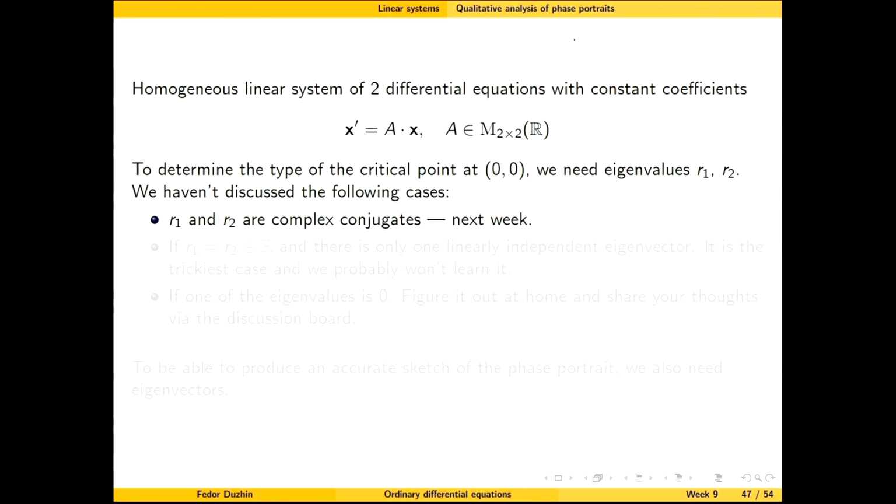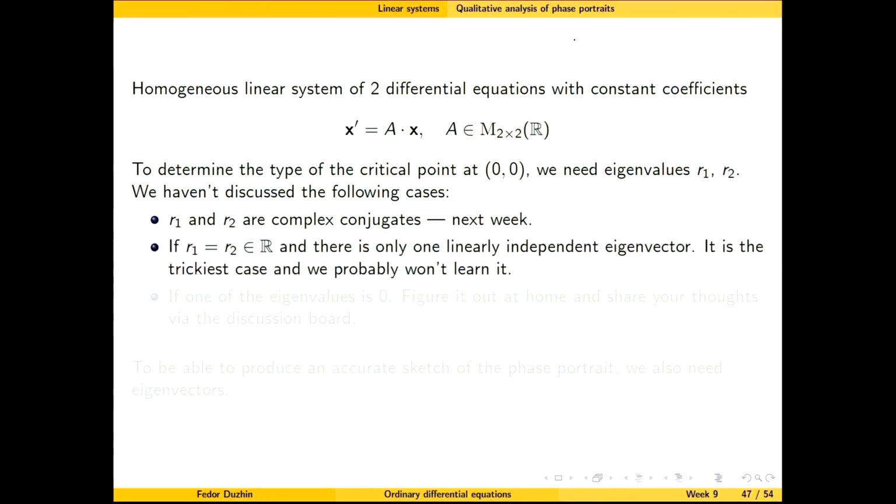If they're real, then we can figure out whether they're positive or negative from the determinant and the trace of the matrix. Then if they are equal and there is only one linearly independent eigenvector, which means that the matrix is not diagonalizable, that's the trickiest case. We are not going to learn it. You can read about it in the textbook.